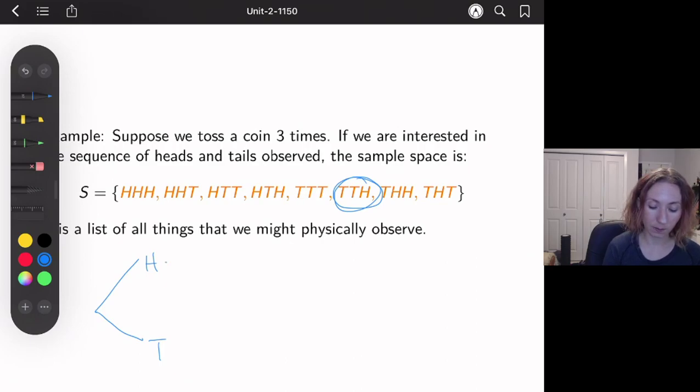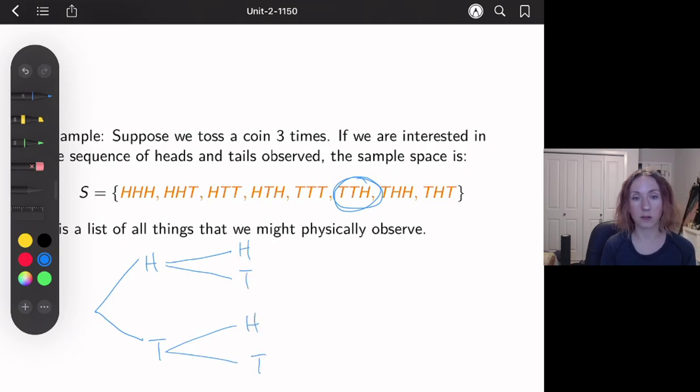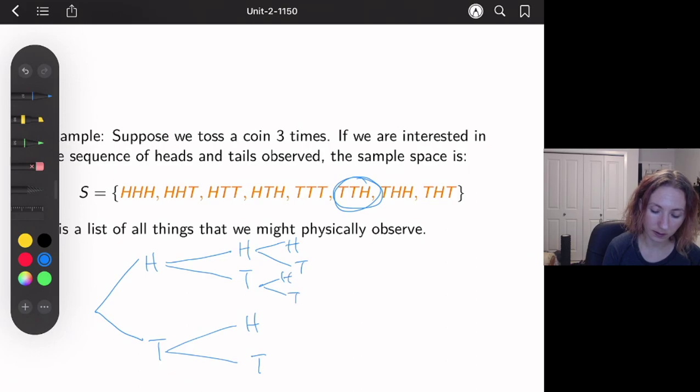My action number 2 would be the second coin toss. Because it's unaffected by our first coin toss, it's still going to be heads or tails, heads or tails. That leads us to 4 possible outcomes, and each of these 4 are going to spawn 2 more possible outcomes. So this will spawn another option of heads, tails, heads, tails, heads, tails, heads, tails.